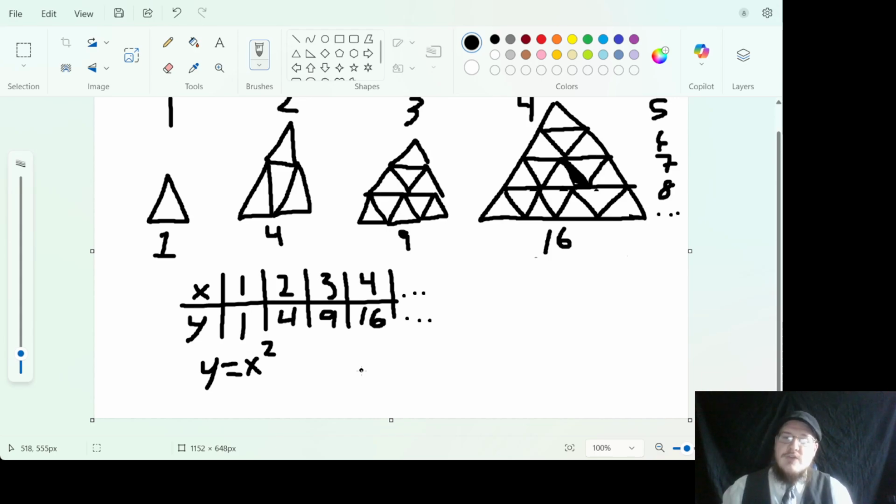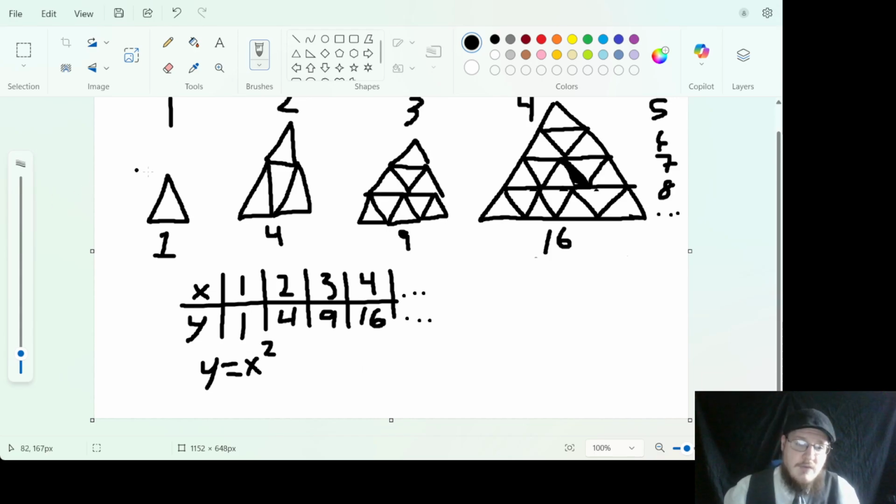Something along those lines. Okay? For our pattern, using the equation y equals x squared, where x is our current term in the pattern, and y equals how many triangles we have that comprise the entire shape.